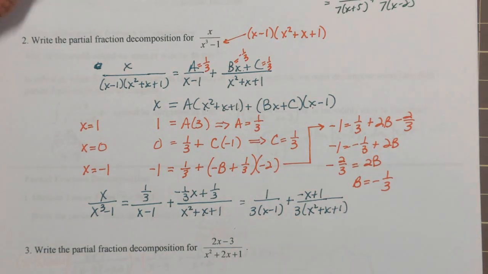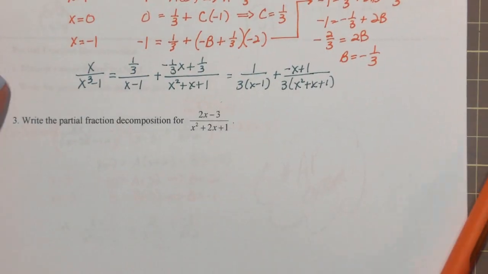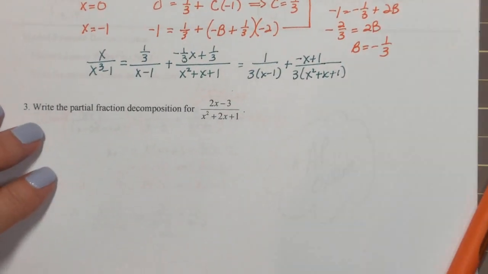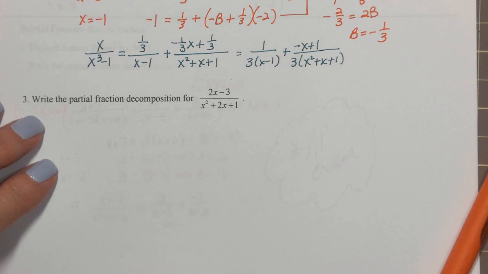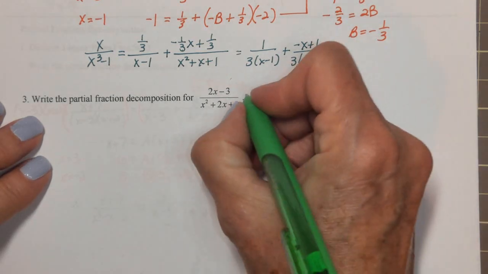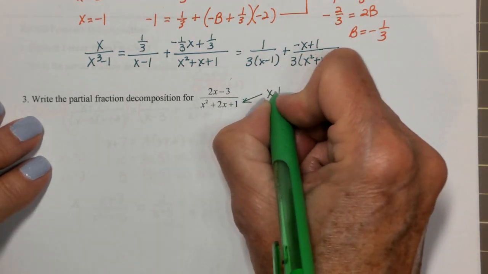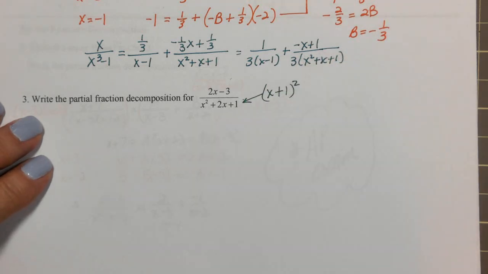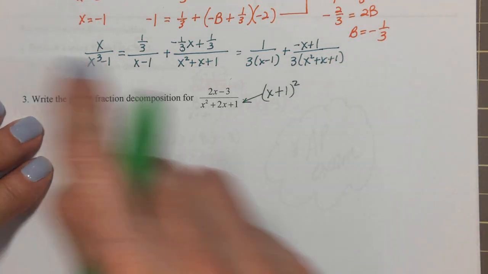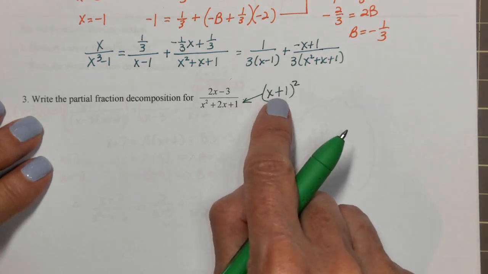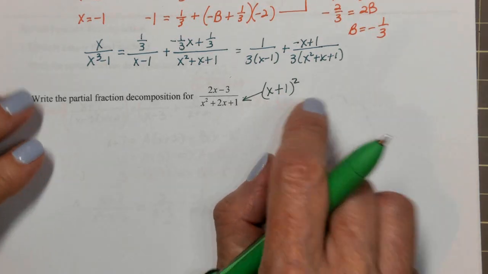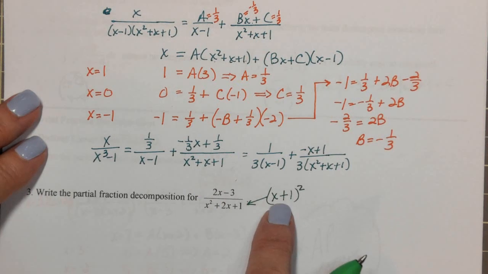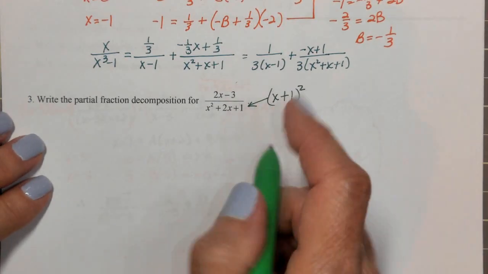One more. Let's see what time we're at. 32 minutes. Okie dokie. One more that I had here for us to do. How does this denominator factor? Well, this denominator factors into x plus 1 times x plus 1. So we have a repeated linear factor. We're not going to need the ax plus b because this is linear, but we are going to need to deal with that.